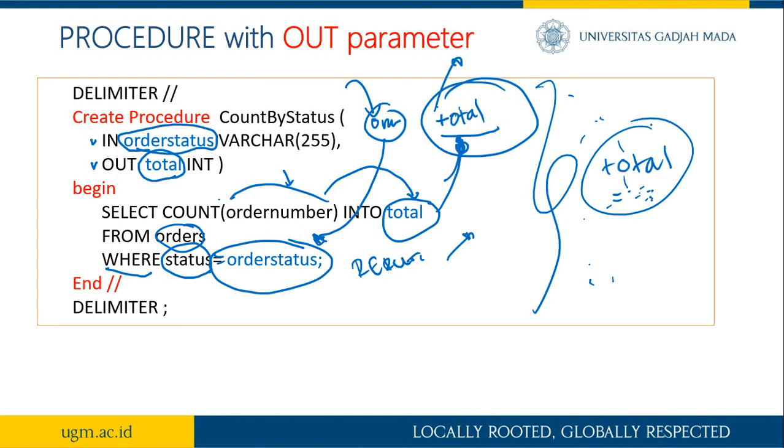Okay, so this is like a float variable within the procedure, an out variable. So we have to catch it later. Because this is just floating within the procedure, we have to catch this total, this out parameter, later using select.